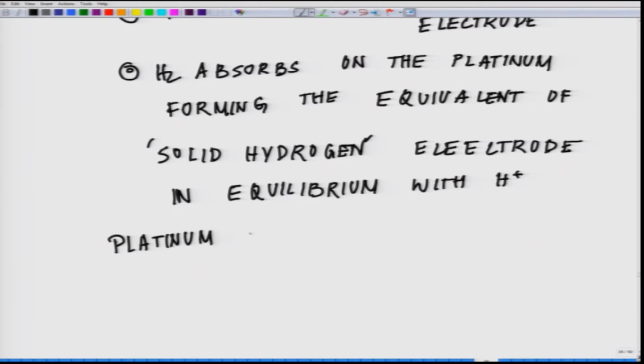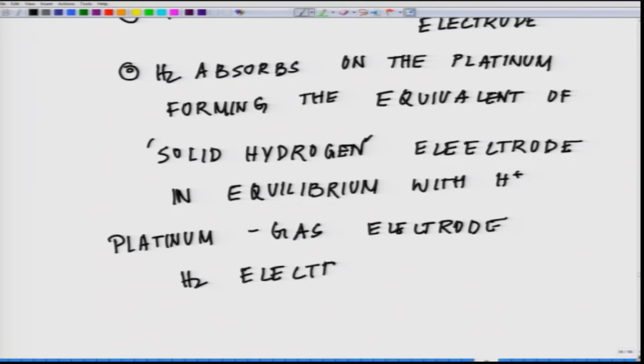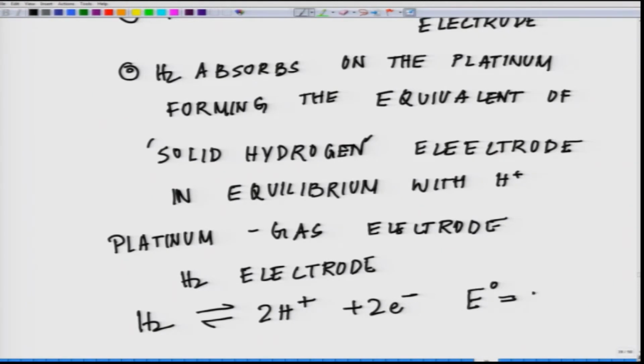So, in other words, at the platinum gas electrode, which is the hydrogen electrode, essentially the reaction is something like this: 2H plus 2 electrons going to H2, and this is given an E naught value of 0.00 volt.